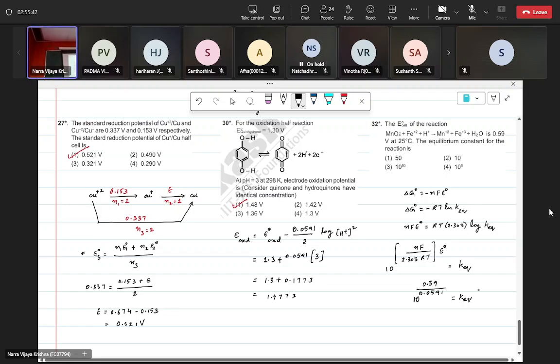So you are getting 10 power 10. Oh, N means how many electrons? N we missed, no? N is not 1. Manganese from +7 converted to +2, so +7 to +2 means 5. So the N factor is 5, meaning into 5. So K equilibrium equal to 10 power 50.